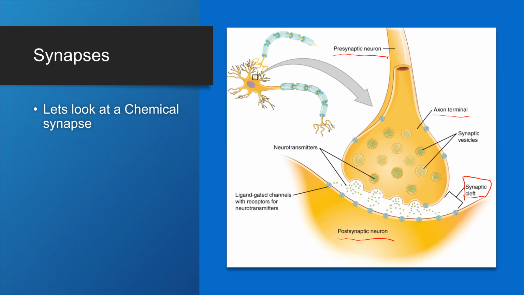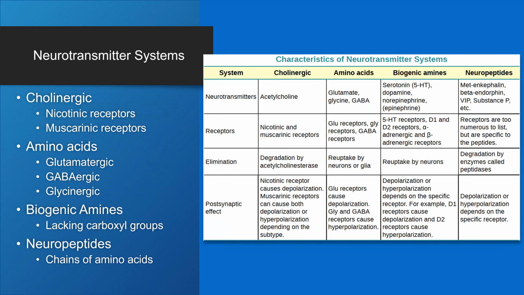Now, neurotransmitters can be different, but the point is they all have their receptors. They need to attach to the receptor and cause some changes within the postsynaptic neuron. Okay, so that's a chemical synapse, and in the second video on physiology, we will go into more detail on how it works. And here are some neurotransmitters. More than 50 neurotransmitters have been discovered so far, and we're still in the process, but we can classify them based on their chemical structure.